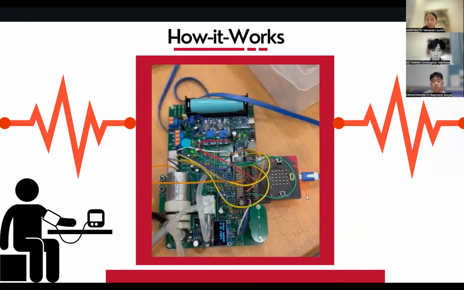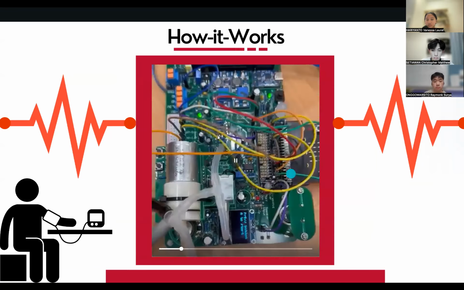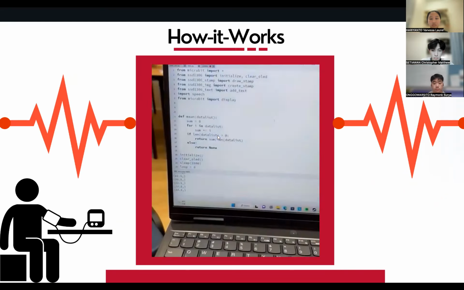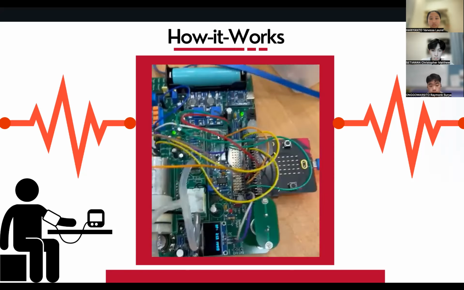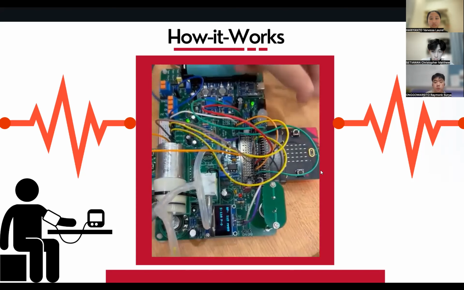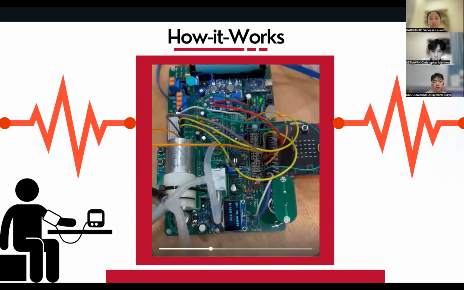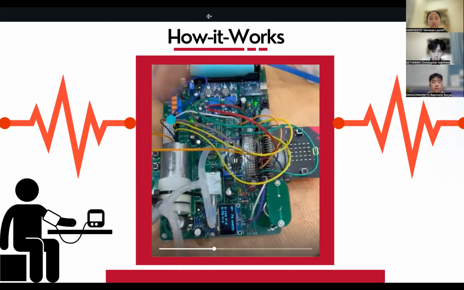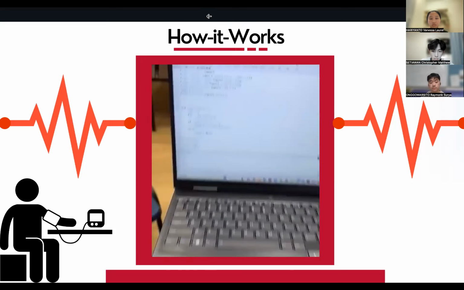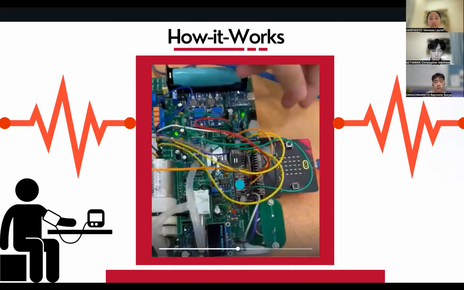Here, when button A is pressed, the sphygmomanometer is automatically pumped. Here, we need to record it manually by pressing button A and button B based on the graph plotted from the micro:bit. Here, users are given the chance to remeasure their blood pressure.